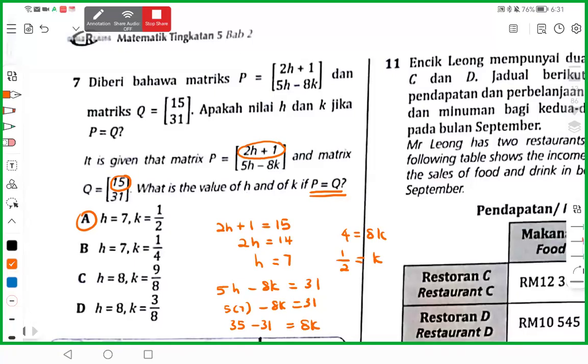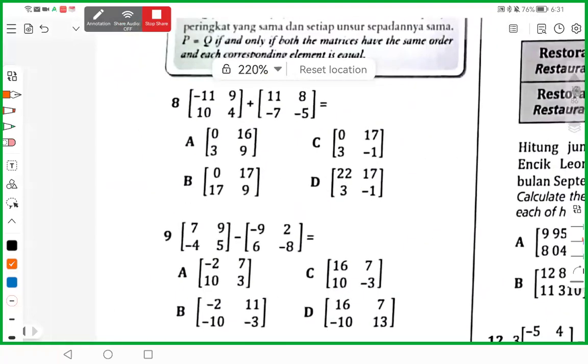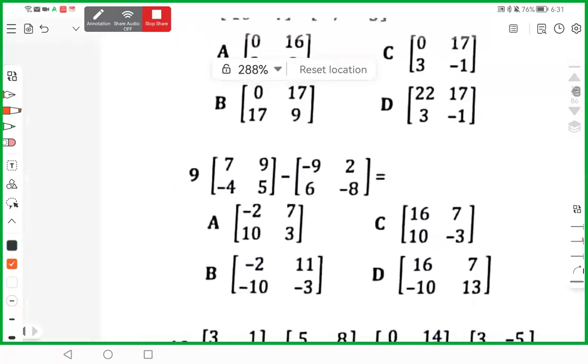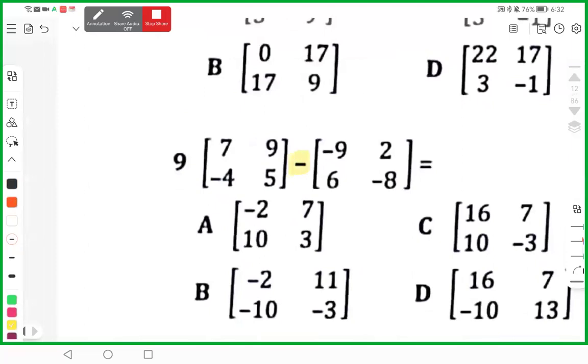So this is how we check equal matrix. Then what about the normal operation, plus and minus? You look at the order, it's the same, right? 2 times 2, 2 times 2. Now, a little explanation on multiplication: how do we know if it is multiplication or a normal addition or subtraction? Look at the symbol there.